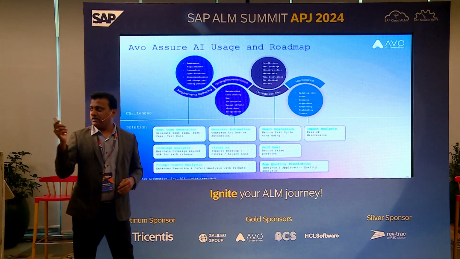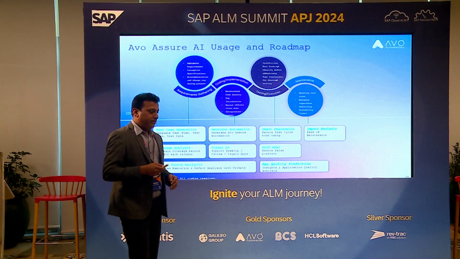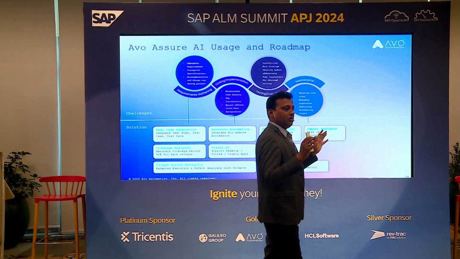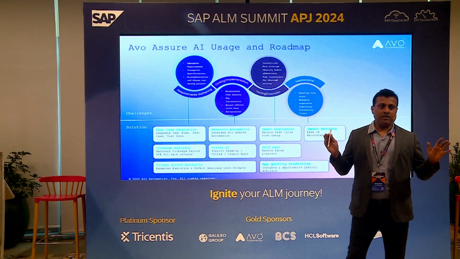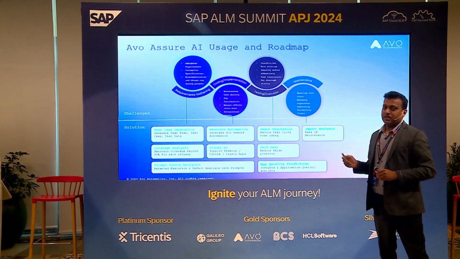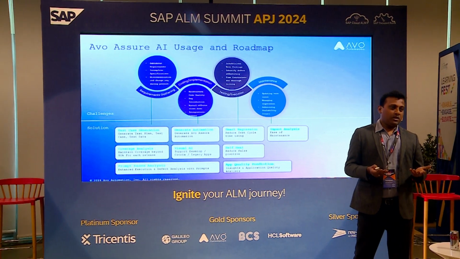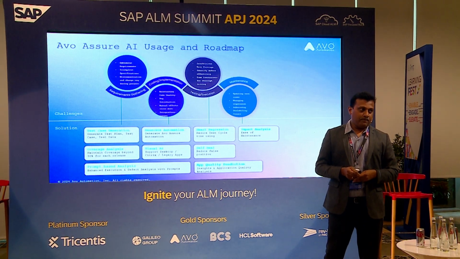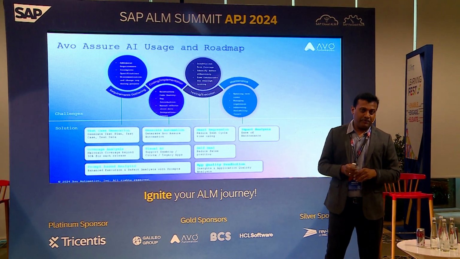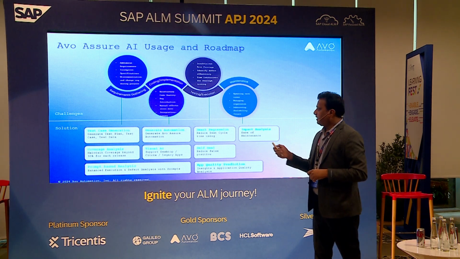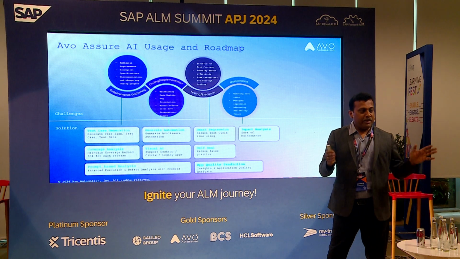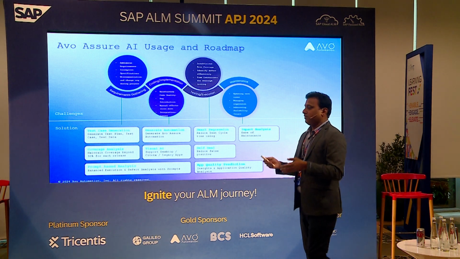Someone was asking even yesterday, forget about Gen AI LLM, if I have around 1,000 test cases sitting in one of my test management tools, can we convert that to the Avo platform? Yes, it's possible today. They are at a very early stage, by the way, but we are experimenting with it. The key takeaway is that generating test cases is not enough; the important thing is how you automate them so quickly.